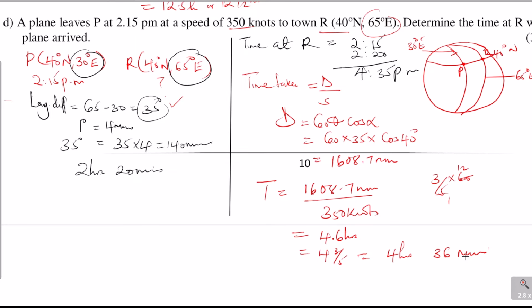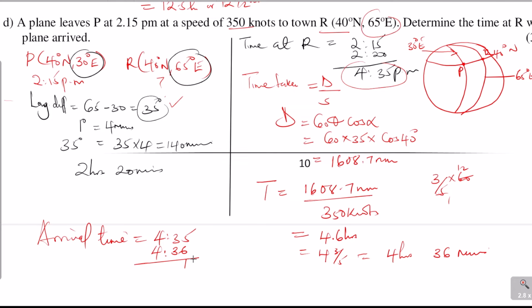Now, after getting that, for the arrival time we take 4:35, the local time at R, then add 4 hours 36 minutes. This will give 71, because you need to subtract 60.